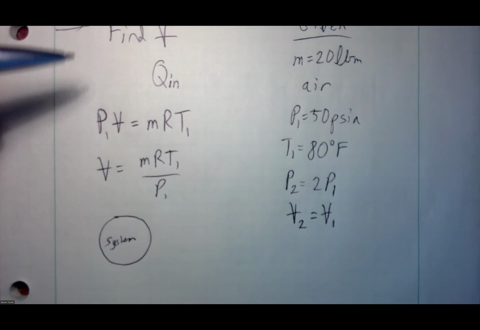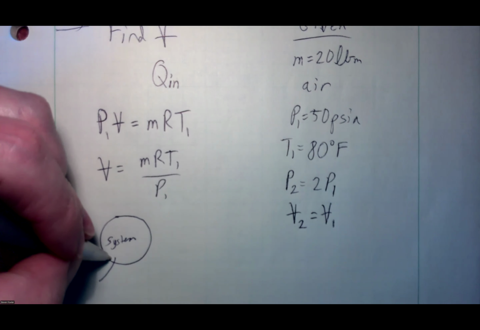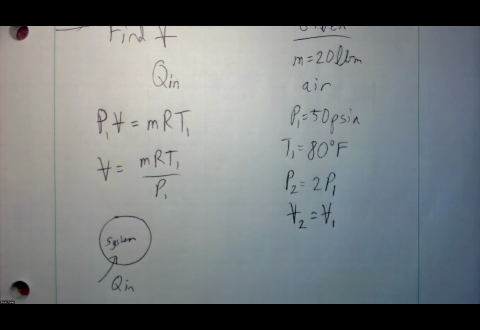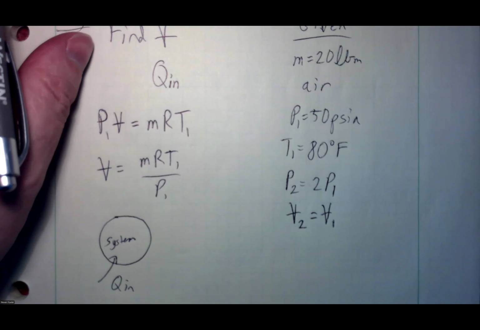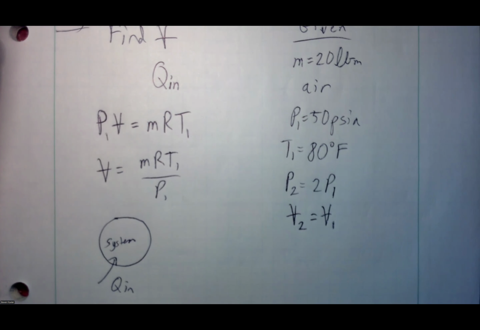Now we need to draw all the energies crossing the boundary. Well, I know I've got heat. Anything else? If the volume changes, we've got boundary work. Anytime I've got a piston cylinder or any other volume changing system, there's boundary work. But the volume's constant here, so no boundary work.